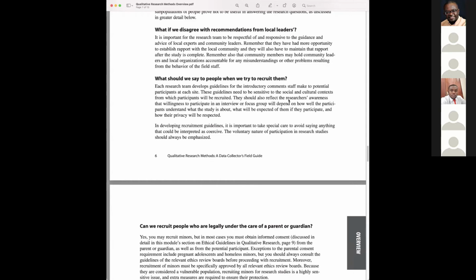They also should reflect the researchers' awareness that willingness to participate in the interview or focus groups will depend on how well the participants understand what the study is about. In developing recruitment guidelines, that's selection, to be able to get to your participants, it's important to take special care to avoid saying anything that could be interpreted as coercive. The voluntary nature of participation in the research study should always be emphasized.